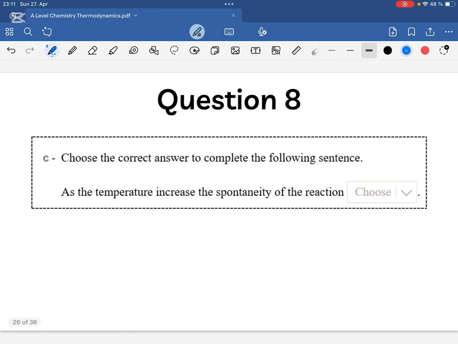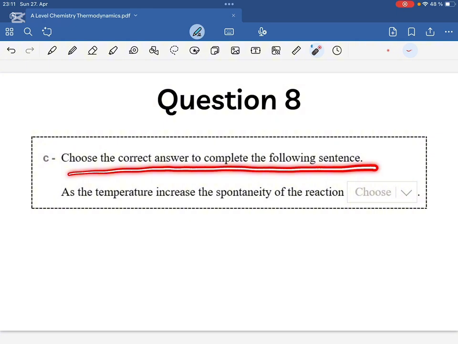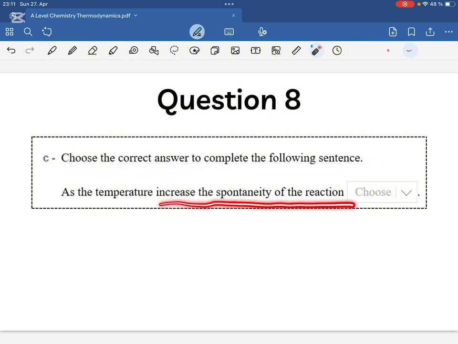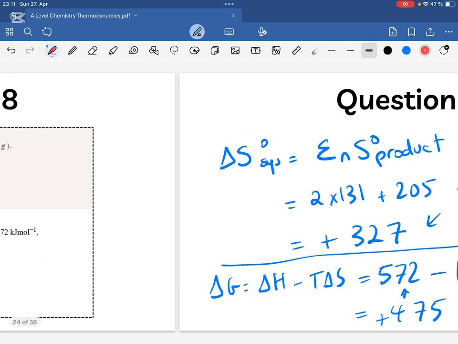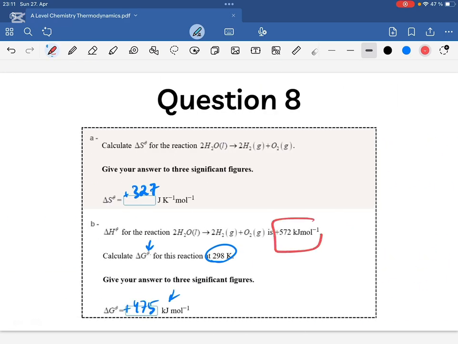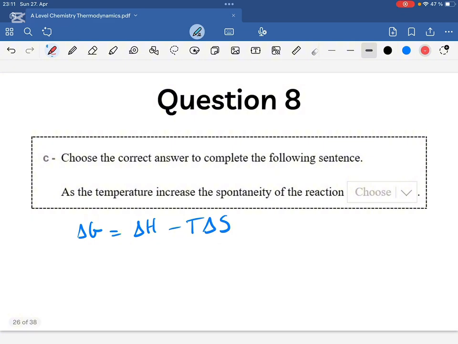Now, in the next question, they said, choose the correct answer to complete the following sentence. As the temperature increases, the spontaneity of the reaction, and we need to complete this. So the equation for delta G is equal to delta H minus T delta S. And the value for delta H is a positive value.